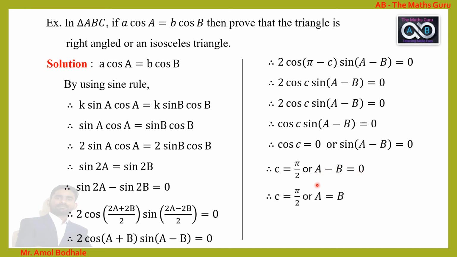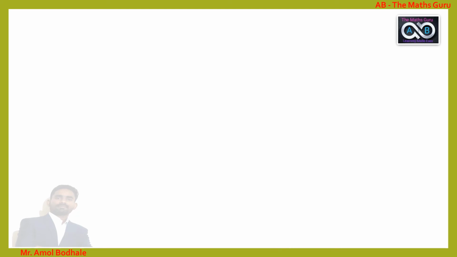So therefore c is equal to pi by 2, or if we take b on this side, we'll get a equal to b. So here we get one angle is 90 degrees or the remaining two angles are the same. So we can conclude that the given triangle ABC should be either right angled or an isosceles triangle.